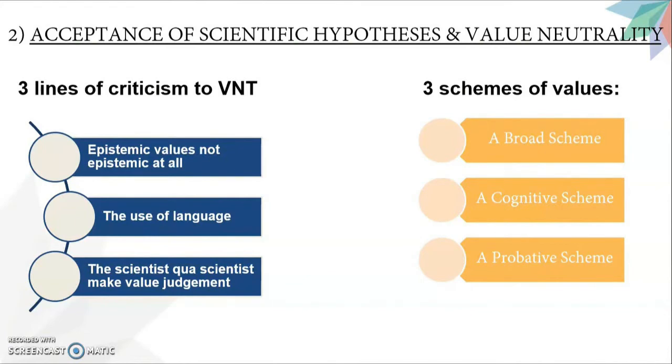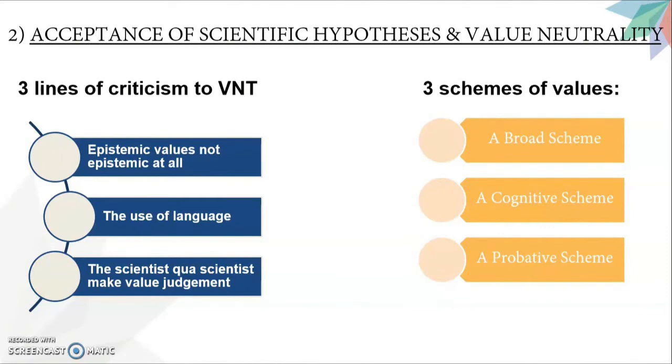The scientist named Richard Rudner debated the difference between the value neutrality thesis and the context of discovery or justification. Rudner's arguments are: first, no analysis of the method of science would be satisfactory unless it contains some statement that will affect scientists either accepting or rejecting the hypothesis.